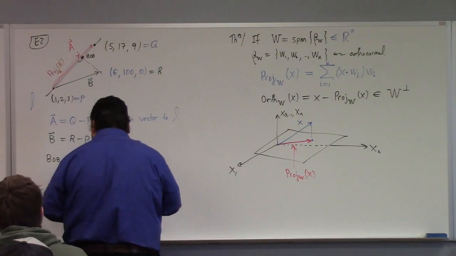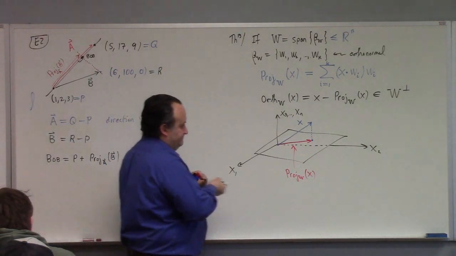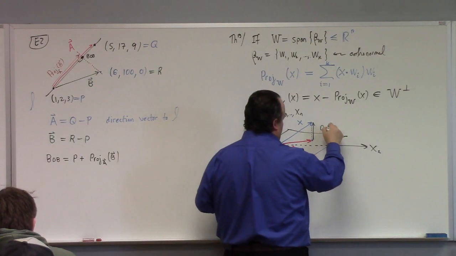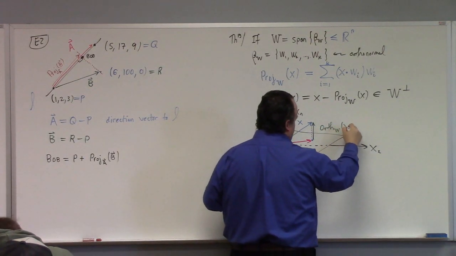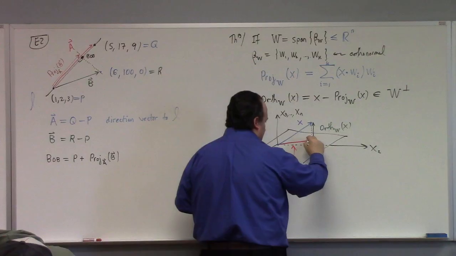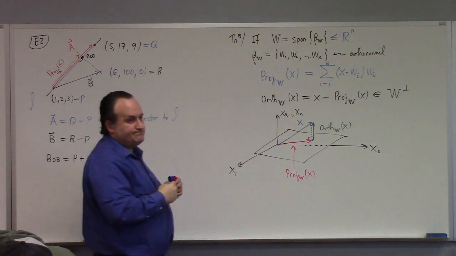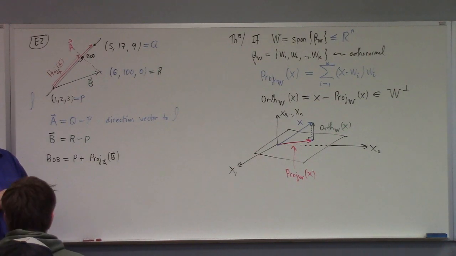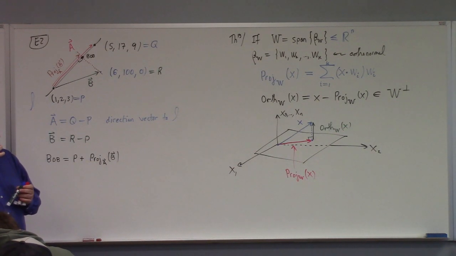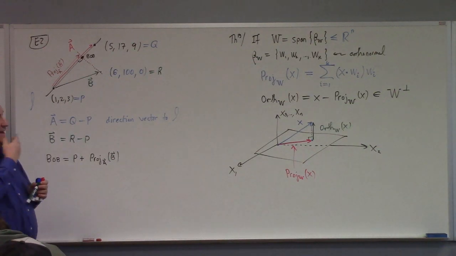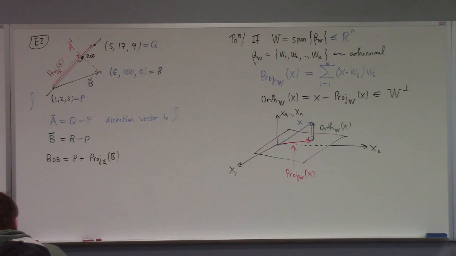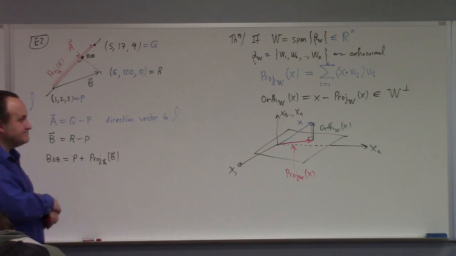And the other piece is this piece, the orthogonal projection onto the W space of x. And these guys, in fact, are perpendicular. All right. So if we had an orthonormal basis, we could build this projection onto a space like this.